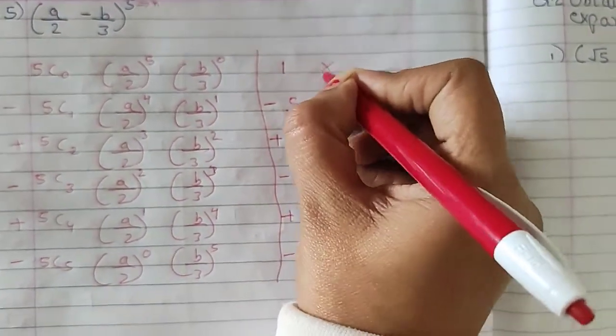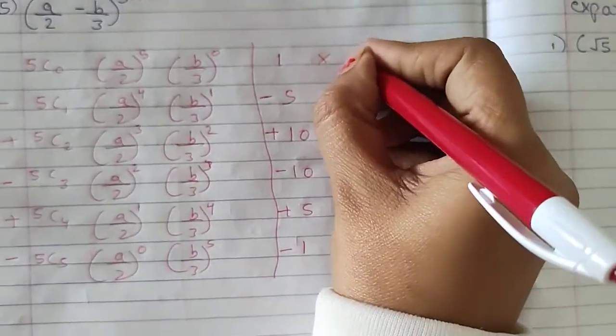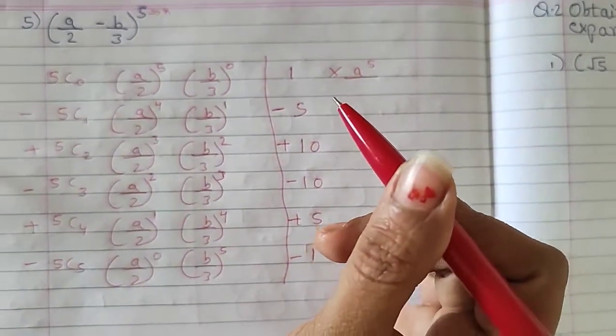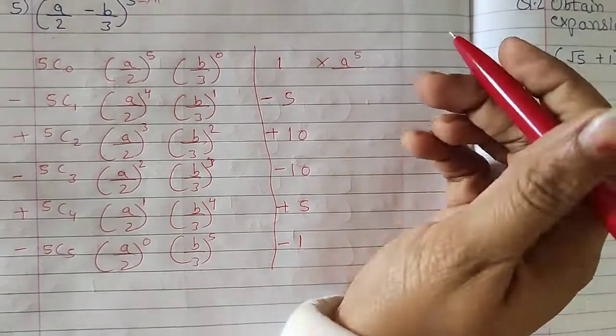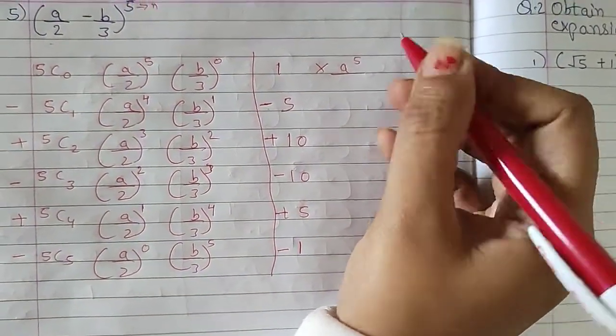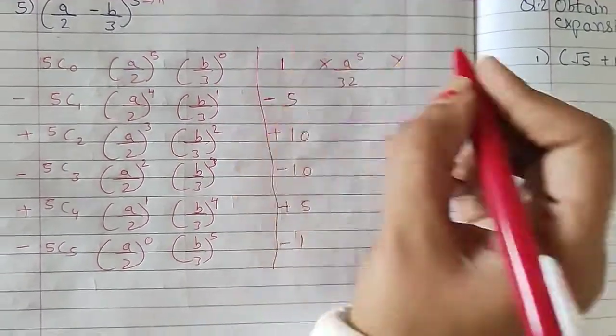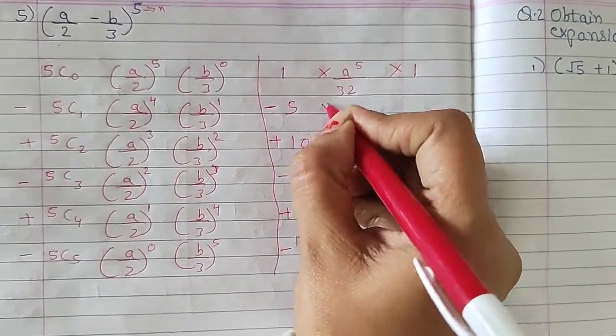Now 1 into a raised to 5 and 2 power 5. So 2 into 2 into 2 into 2, that is multiplied 5 times. So that will come 32 into power is 0. So here it will come 1.